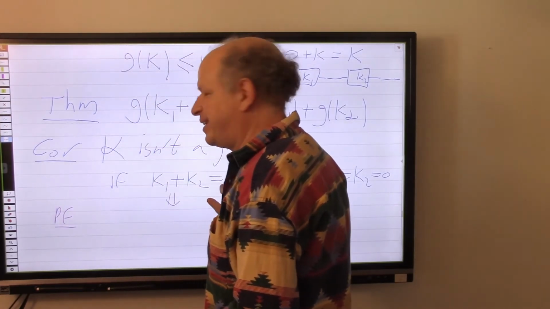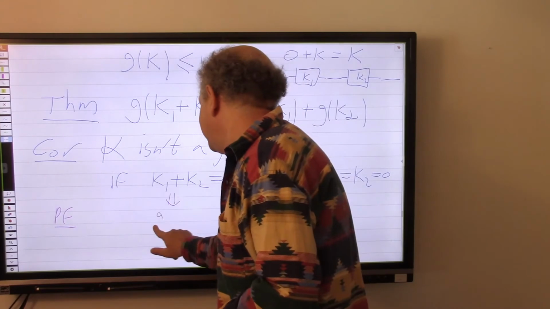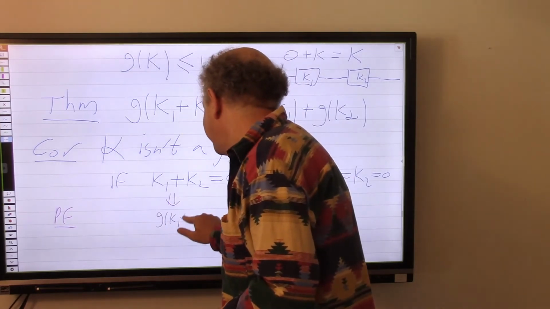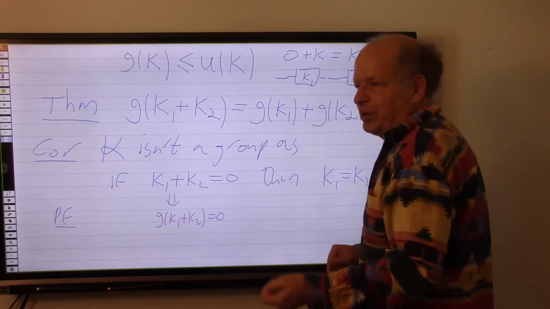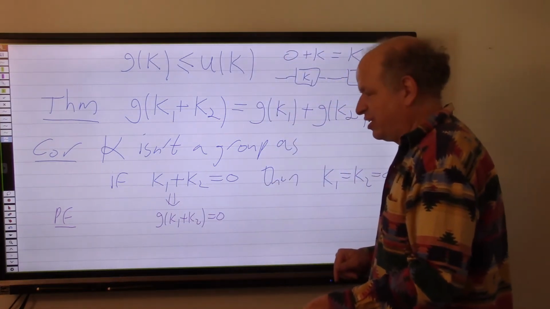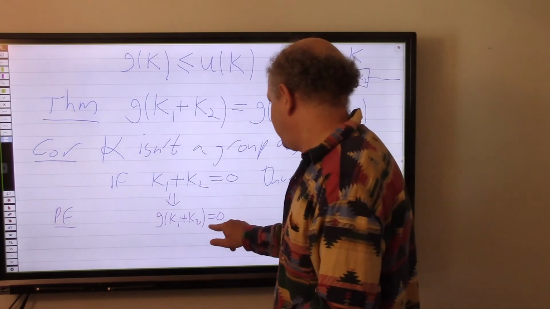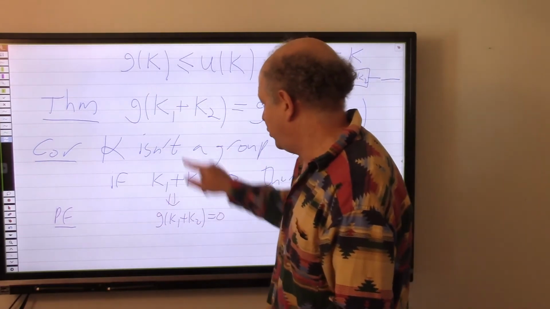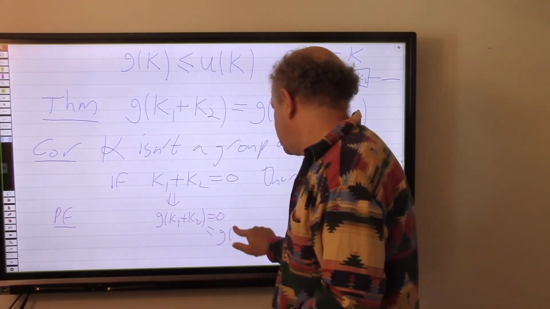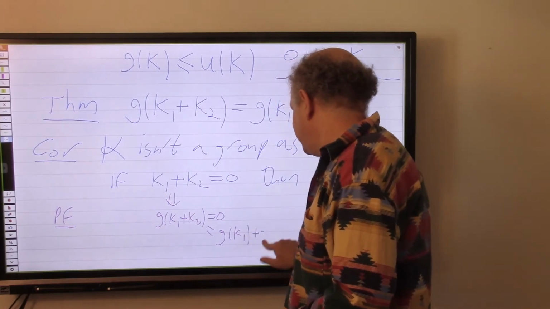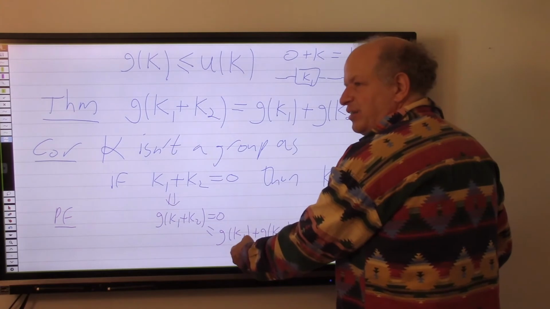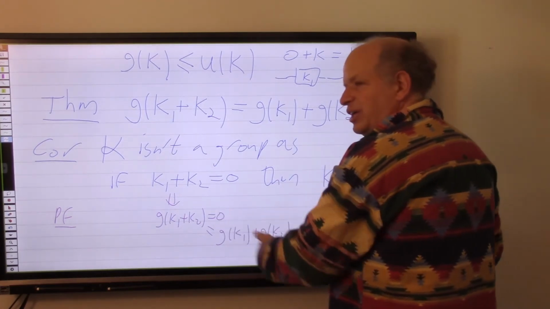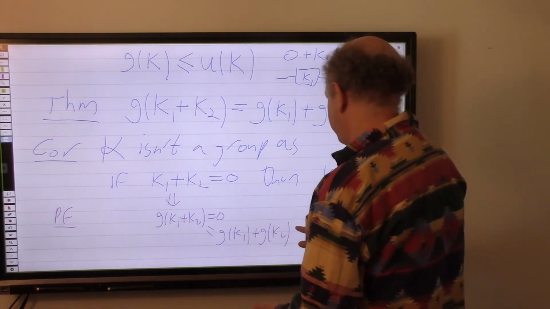If K1 plus K2 is equal to 0, then the genus of K1 plus K2 is equal to 0. The genus is always a non-negative integer, and by the theorem, this is equal to the genus of K1 plus the genus of K2. If a sum of non-negative integers is 0, it follows that each of them is equal to 0.